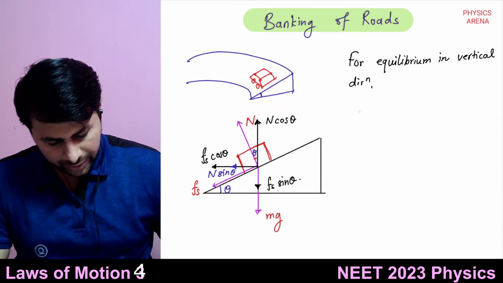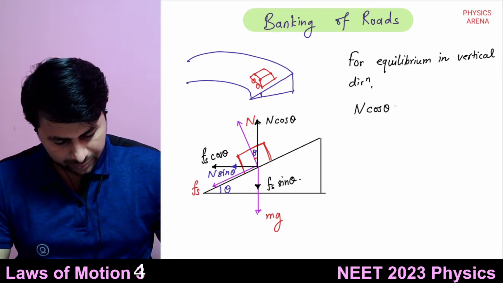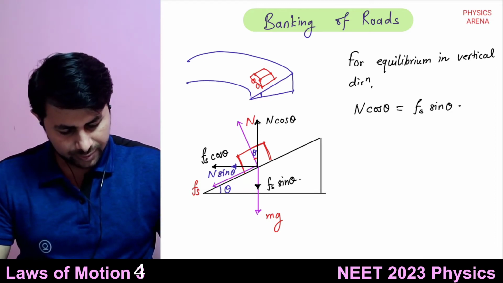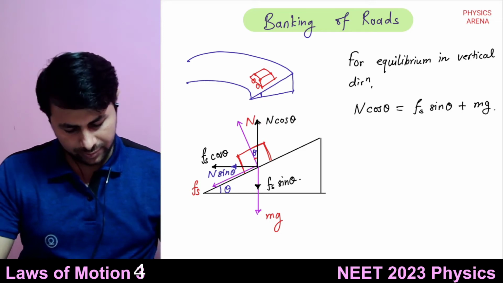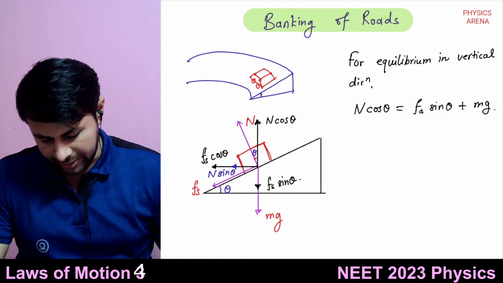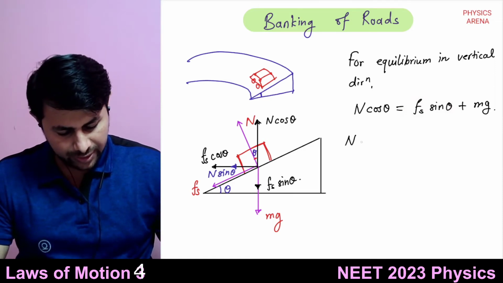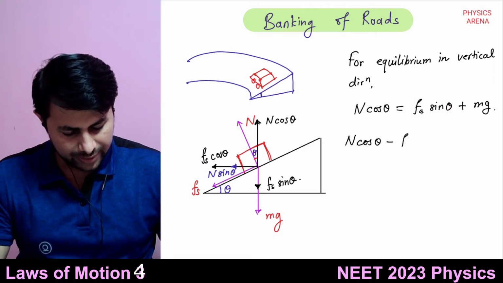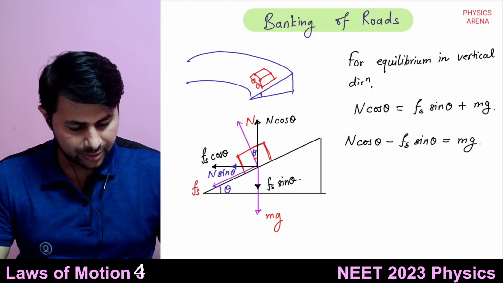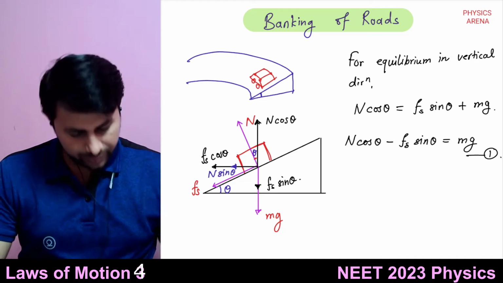So n cos theta is equal to Fs sin theta plus mg. Then I will move this Fs sin theta to the left hand side. So I will write this as n cos theta minus Fs sin theta is equal to mg. I will call this equation number 1.